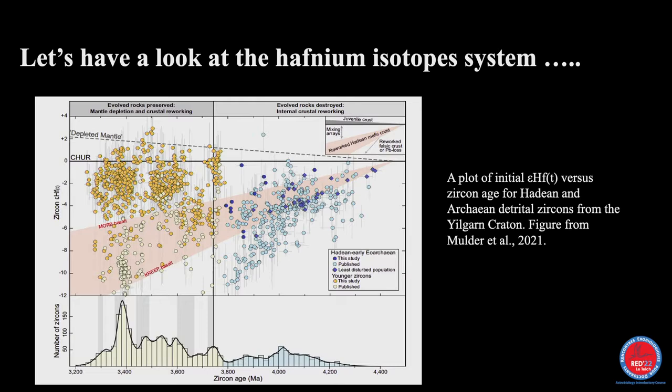Namely, we have mantle melting. The melt is extracted, and almost immediately after, when the mafic crust is crystallized, the mafic crust is melted or remelted, and we have melt for TTGs.